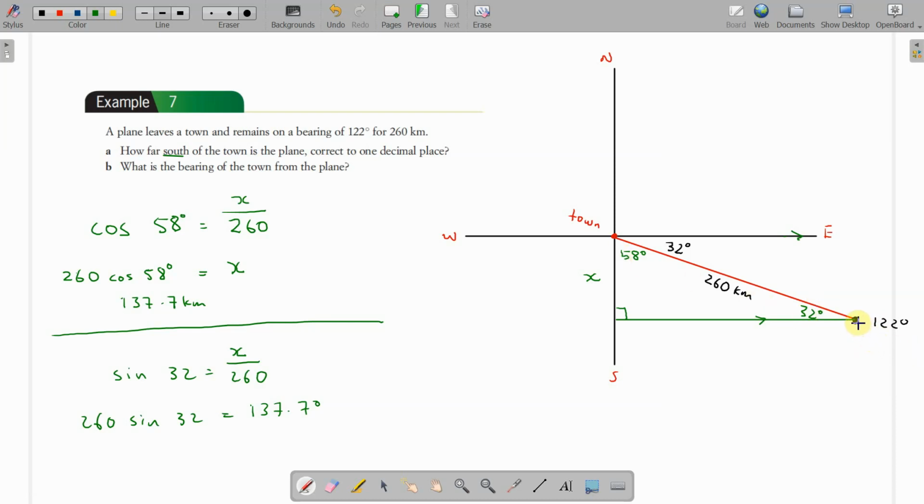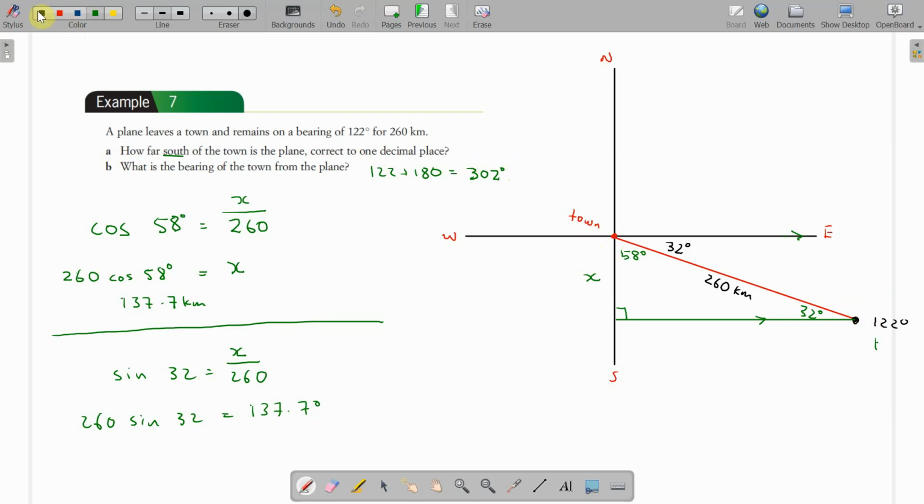That sometimes is easy, sometimes not. 122 plus 180 equals 302. That's the bearing of the town from the plane.